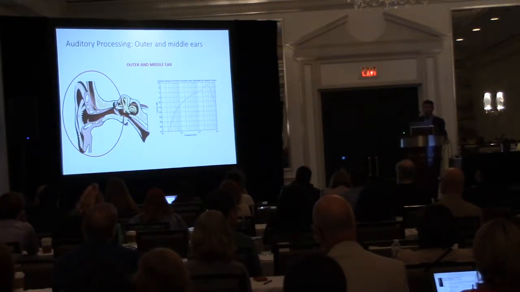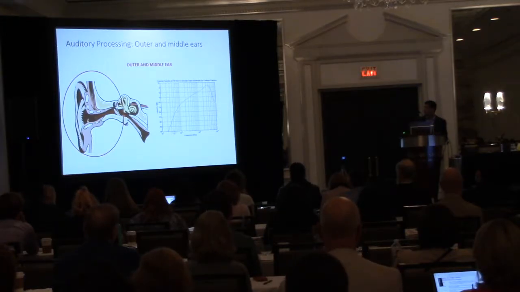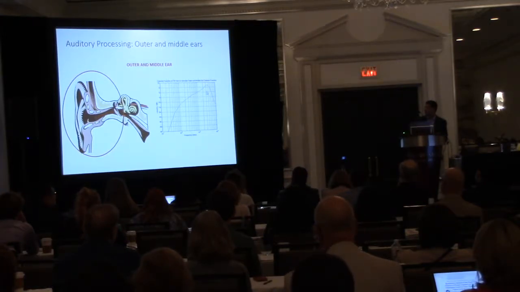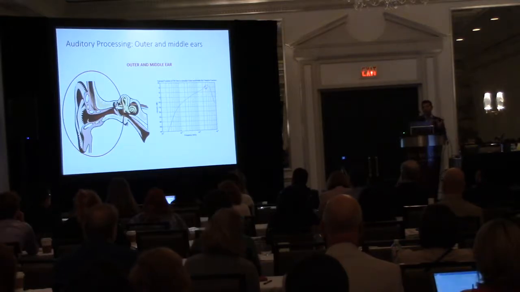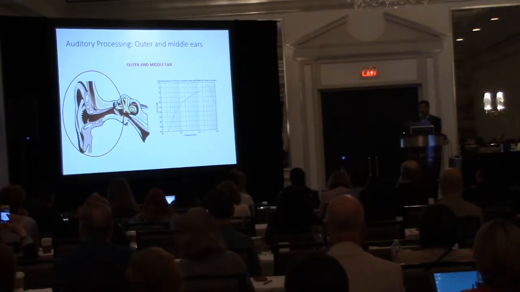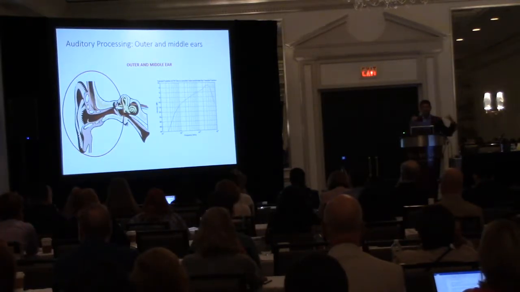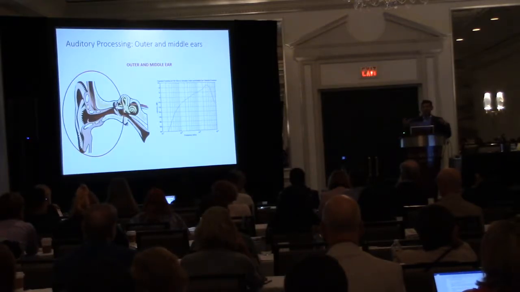So if I hit it and look for a ping or a bong, the ping would look something like this, right around 1500, 2000 hertz to about 4000 hertz is where it's transferring a lot of the energy into the inner ear, and anything above or below that is sort of absorbed or lost by the system.